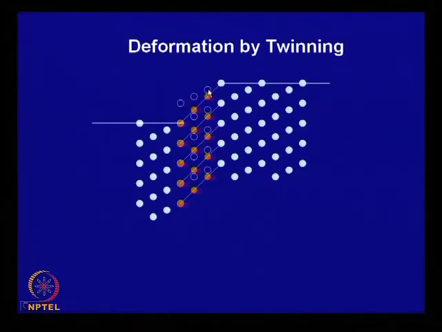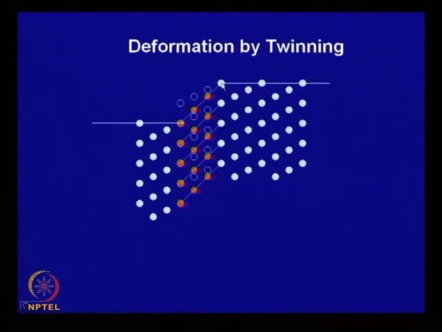Now, this atom moves here, this moves a little more distance, this moves still more distance, and this distance is the same as the original lattice point. So, one moves 1/3 of the lattice spacing in this direction, this atom moves 2/3, and this moves 1 lattice distance.